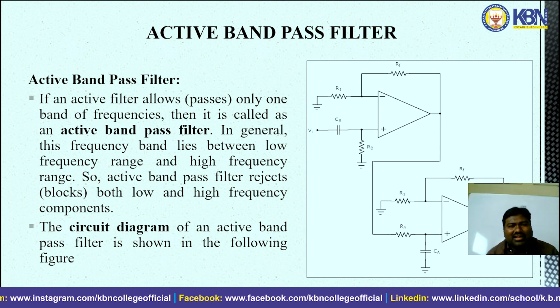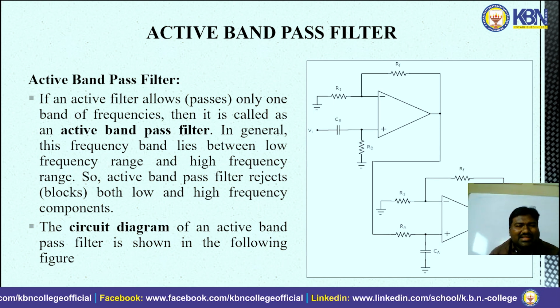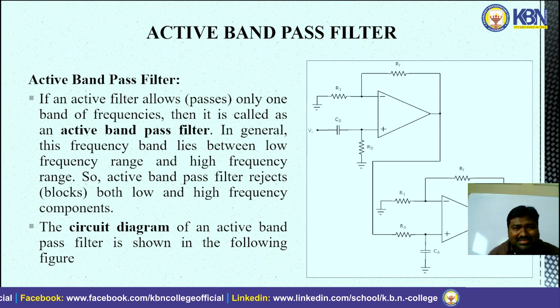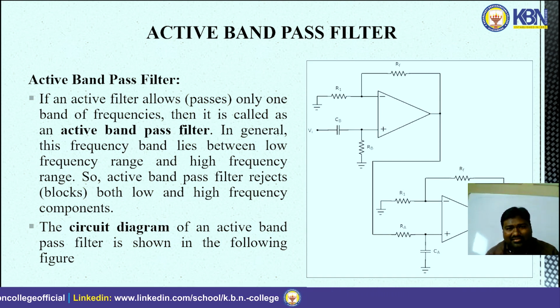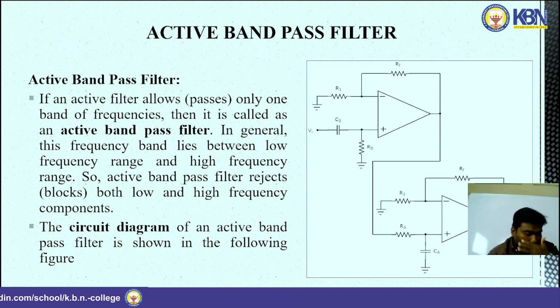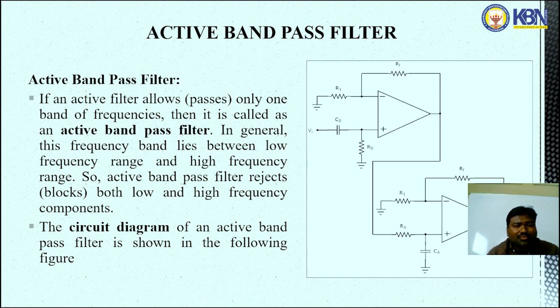In a low pass filter only high frequencies are rejected, passing only low frequencies. In a high pass filter only high frequency components are allowed and low frequency components are rejected. But in a band pass filter both low and high frequencies are rejected. The circuit diagram of an active band pass filter is shown in the figure.